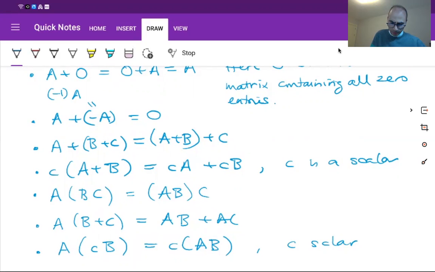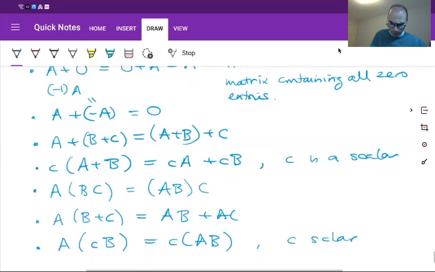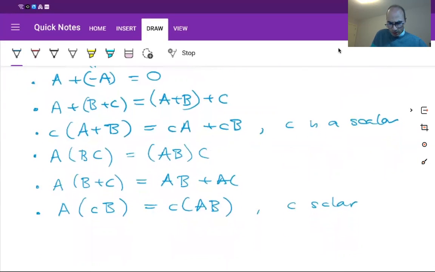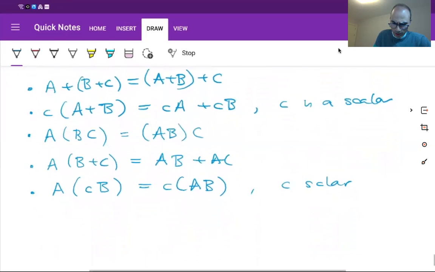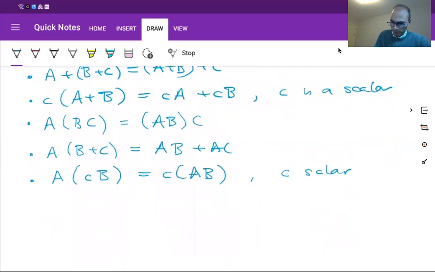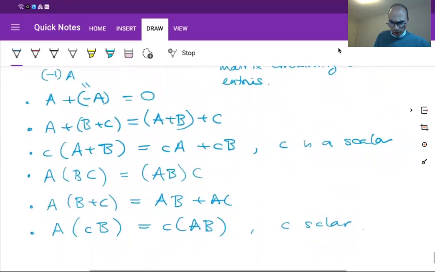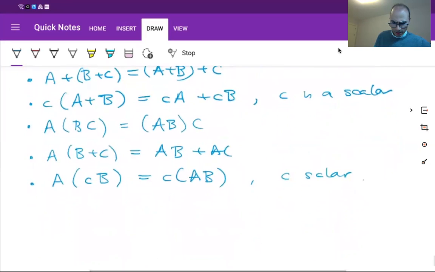And so multiplication corresponds to composition of functions, and composition of functions is associative, so that's why we have this associativity property. Anyway, I won't check the proofs. If you haven't seen them before, it's a nice exercise to do.